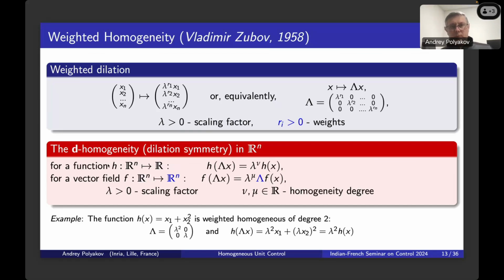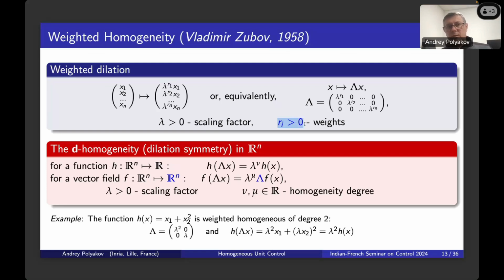It is the so-called anisotropic scaling. So if you have a vector of states and you multiply each component of this vector by the parameter lambda to some power r_i, then this will be a dilation if all these parameters are positive values.